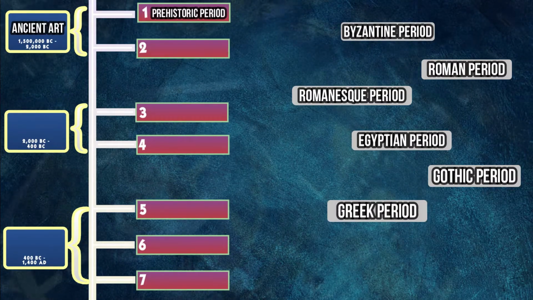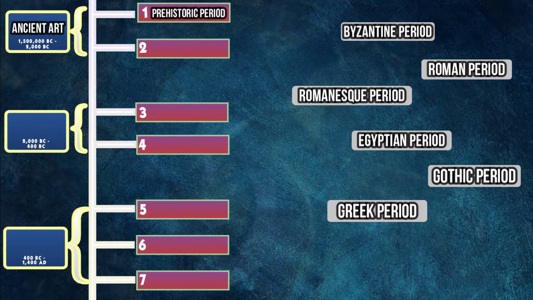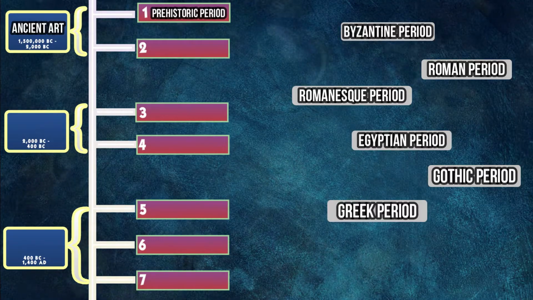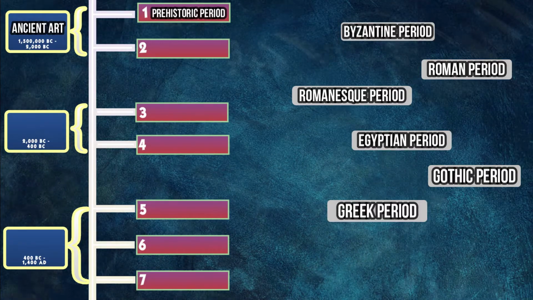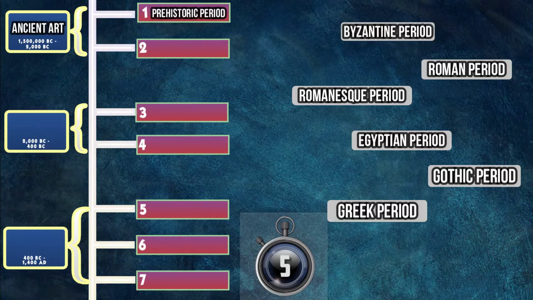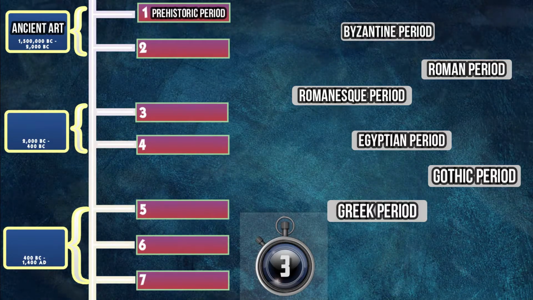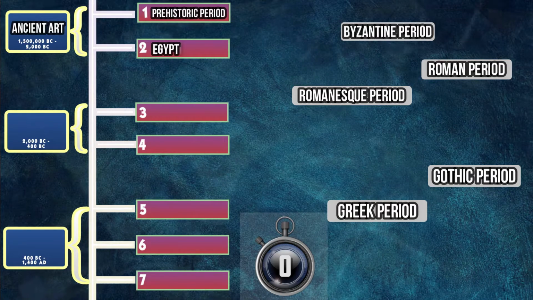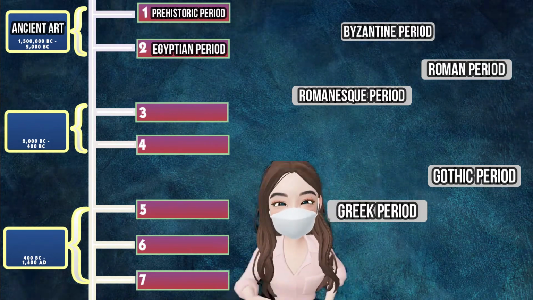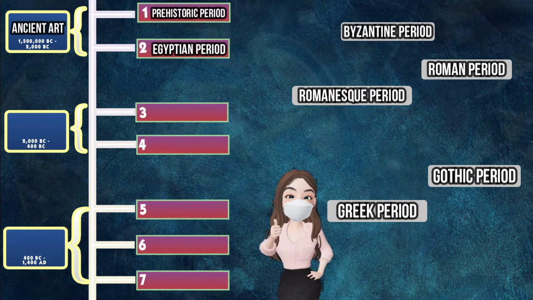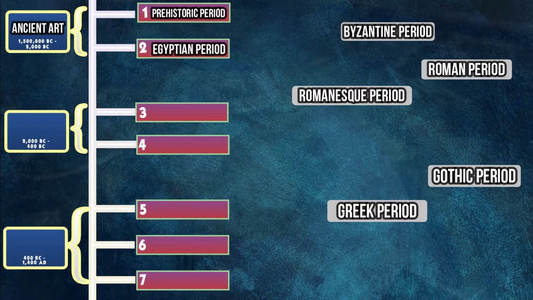Which period comes in second? Is it the Egyptian period, Greek, Roman, Byzantine, Romanesque, or Gothic? You got it right! For the second item, the correct answer is Egyptian period.